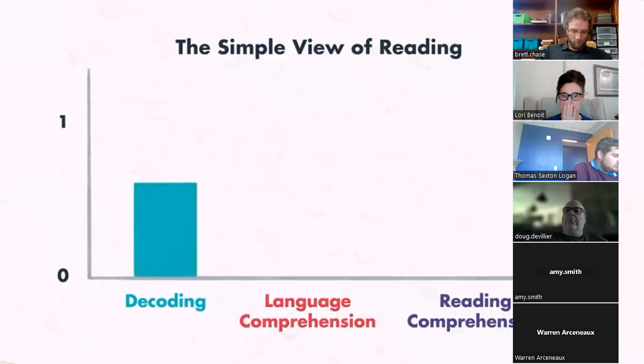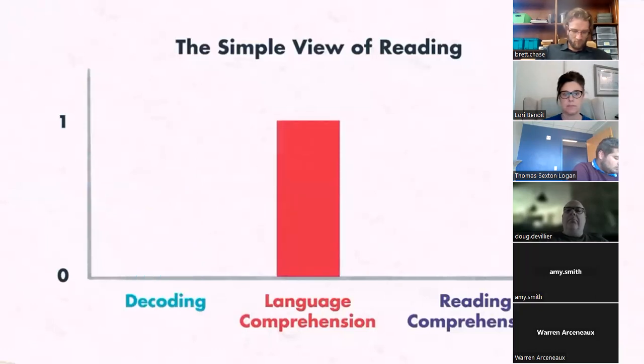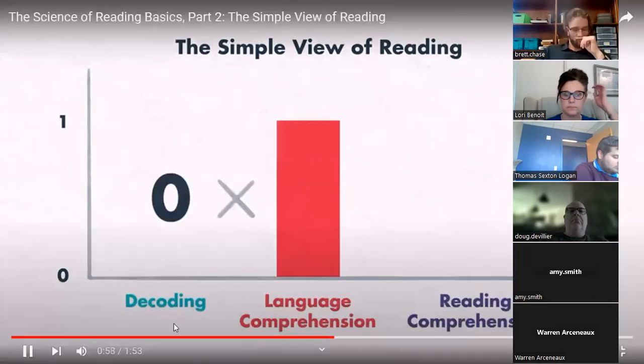If decoding is weak and assigned a value of 0, and language comprehension is strong, a value of 1, reading comprehension is weak because 0 multiplied by 1 is 0.